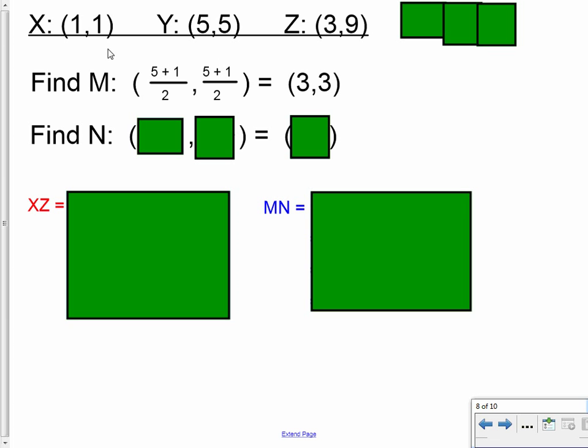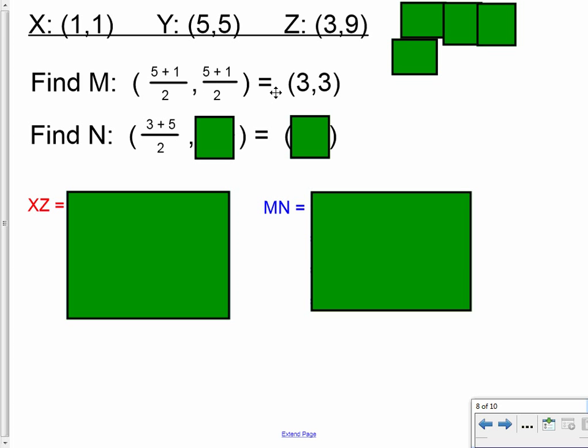Let's go back to our other screen and find out where exactly N is going to be. Remember, that's going to be between Z and Y right here. So I would use X2, this 3, plus X1 from our value Y over here, 3 plus 5 over 2. That's going to be our new X value.